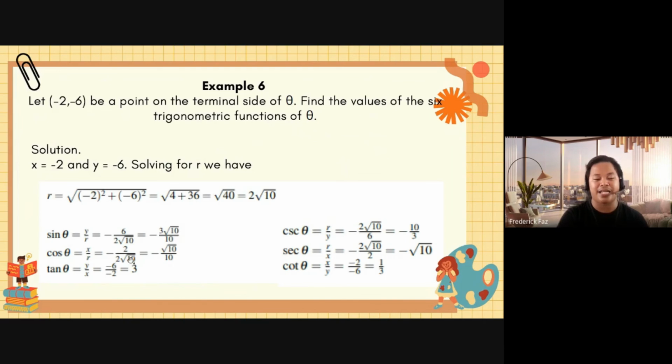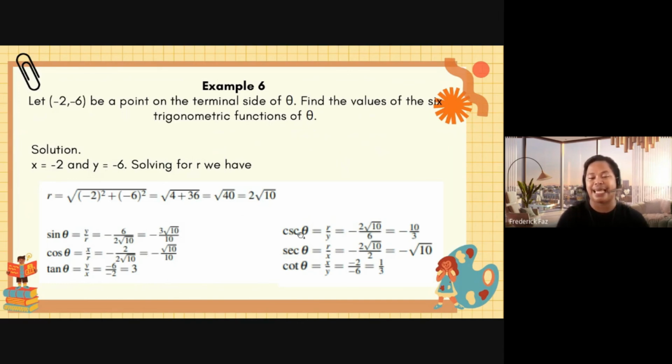And rationalizing the denominator, square root of 10 times square root of 10 is the square root of 100, which is equal to 10. For the tangent theta, y over x. So y is equal to negative 6 and x is equal to negative 2. Dividing negative 6 by negative 2, the quotient is positive 3.